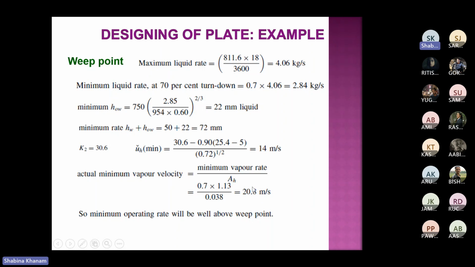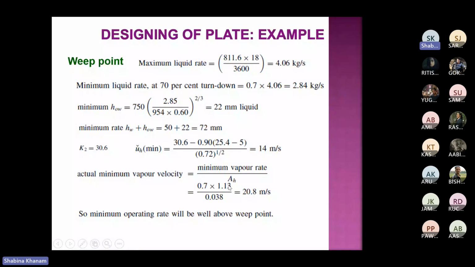If you see this minimum vapor velocity, this parameter cannot be changed, because it depends on volumetric flow, which depends on the V value, and that is the fixed value for a distillation column. You can consider a change in AH, that is the hole area, as more, so that this should be increased.